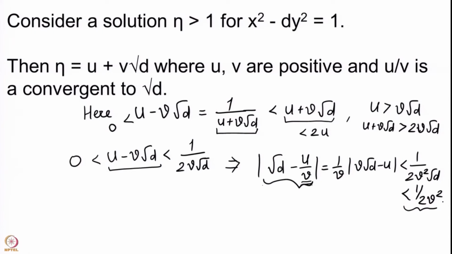And then we saw the proof that if anything tries to do better than convergents, then that has no other option but to be a convergent. So, here we see that this u upon v is trying to approximate root d in a way better than the convergents, and therefore u by v is a convergent to root d.